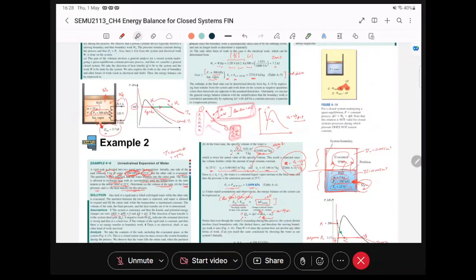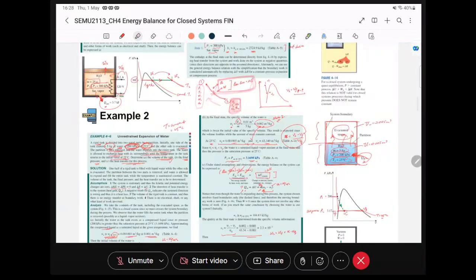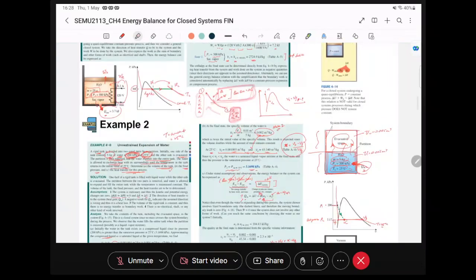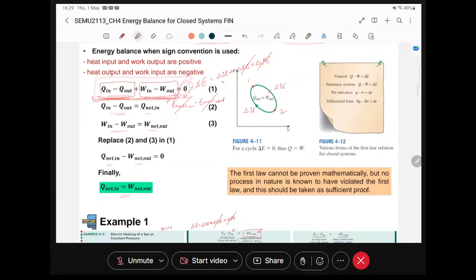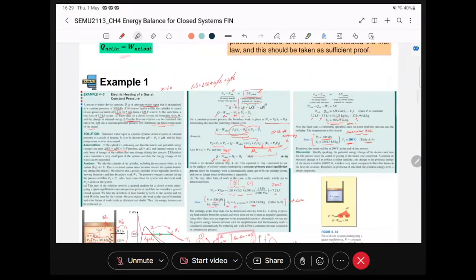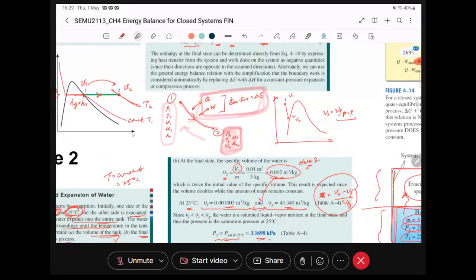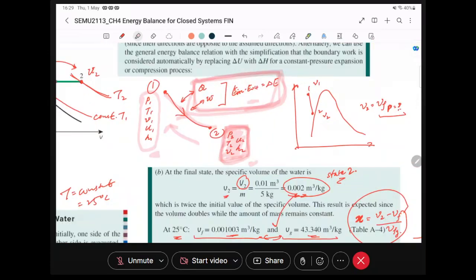Okay, right. So here are the two examples on a pure substance. How we can solve it. If it's an isentropic, it's an ideal gas, then it's just a matter of how we determine the property. The relationship with the energy balance is still basically the same.